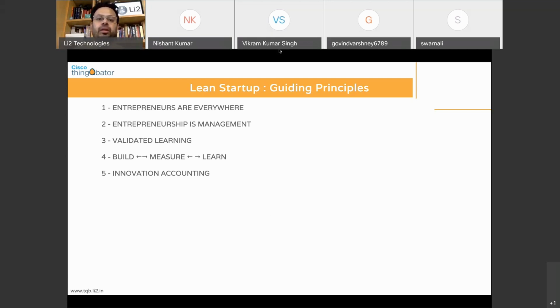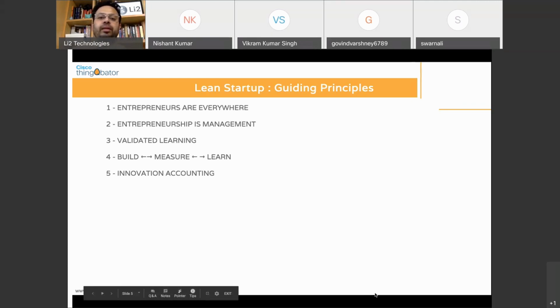Build, measure, learn. In fact, this is the cycle of lean startup. And finally, the last point is innovation accounting. What do you mean by innovation accounting? When we build, measure, and learn, when we go through this cycle, what do we learn?